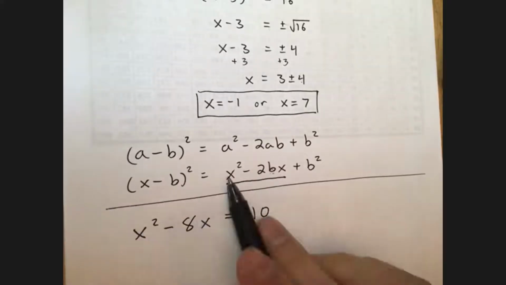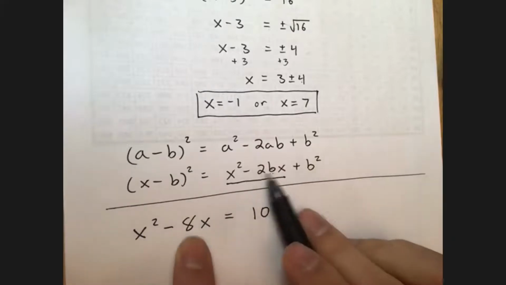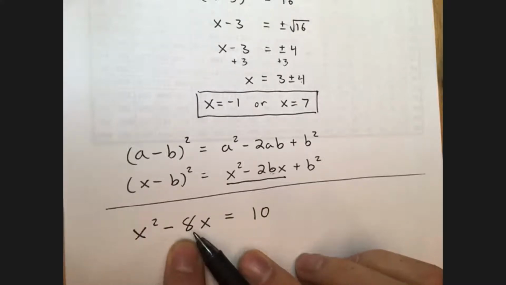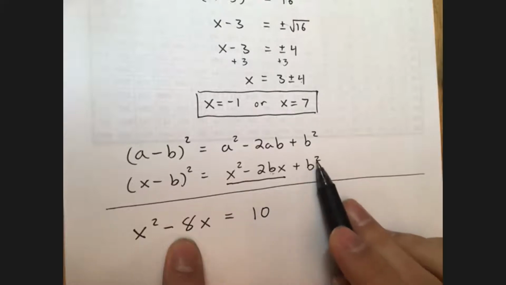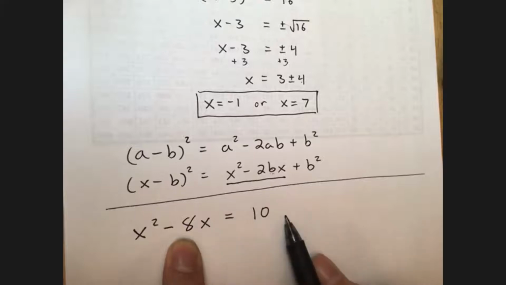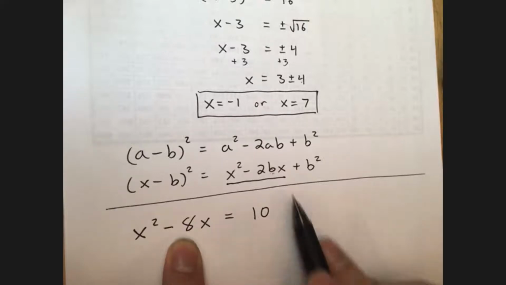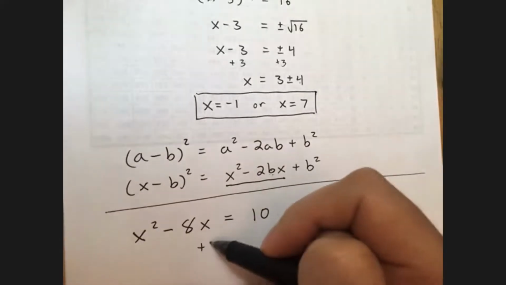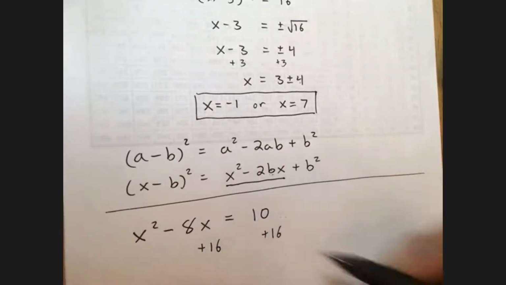I've got x squared minus 2 times b. So what do I multiply 2 by to get 8? Well, it's a 4, right? So what comes next is a 4 squared. What I want to add to both sides is 4 squared, so that I end up with this thing on the left. So we're going to add 16 to both sides.